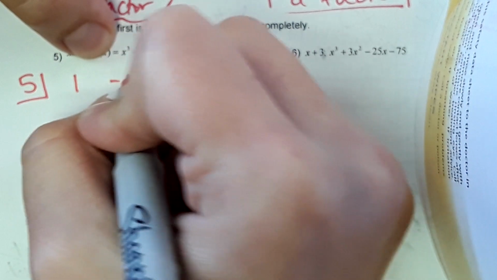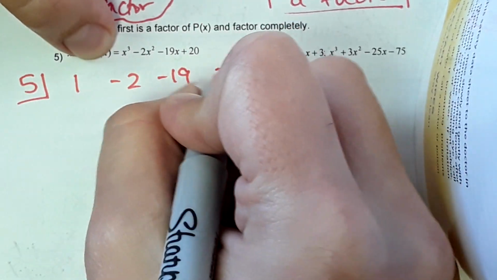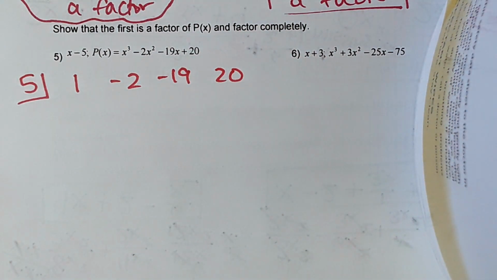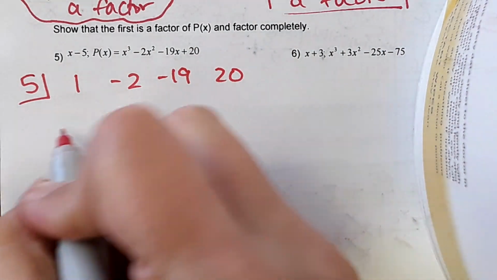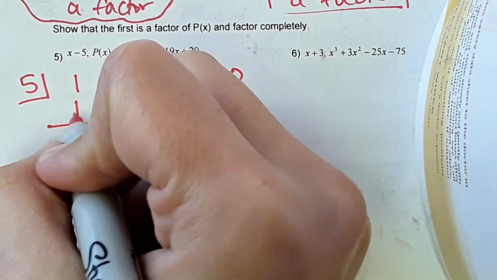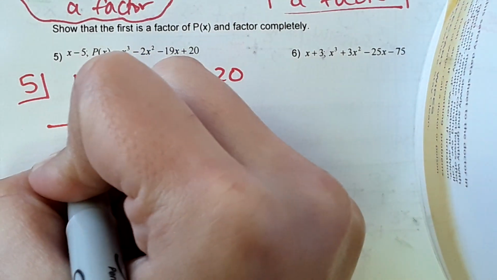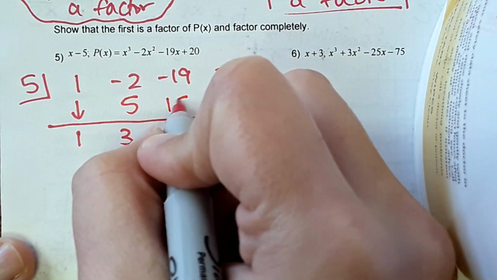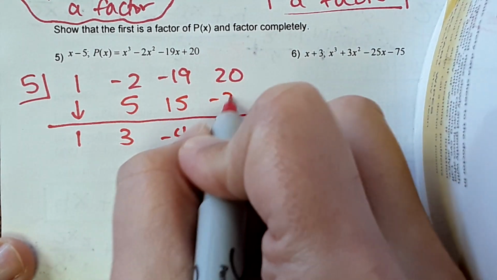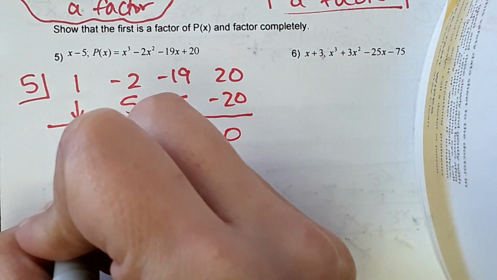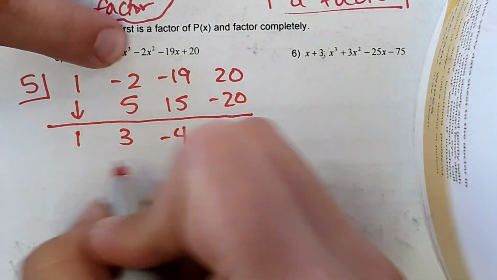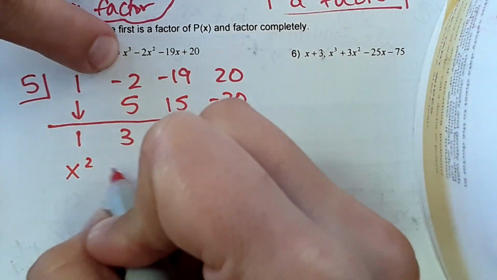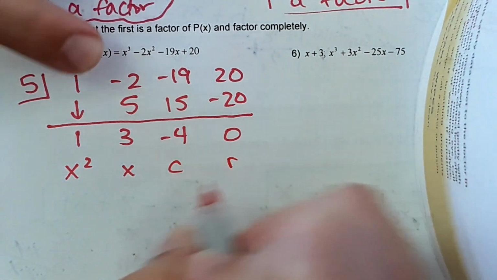We're just going to put a 5 in the box, list out our coefficients. So these terms right here, this would be x squared, this would be x, the constant, and the remainder. There's no remainder here.